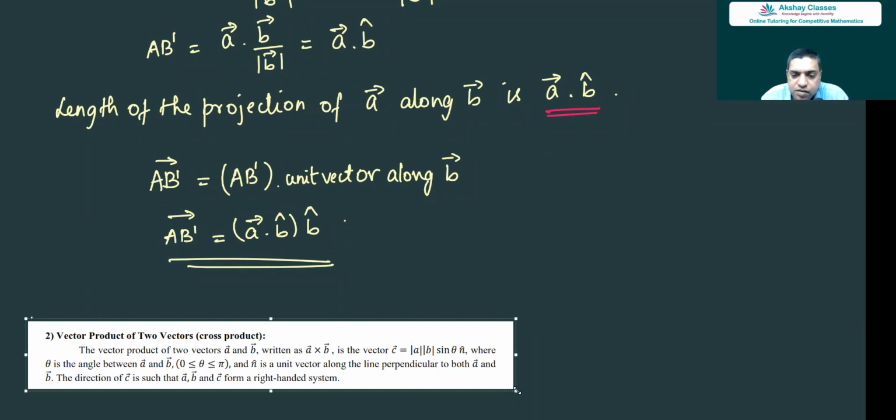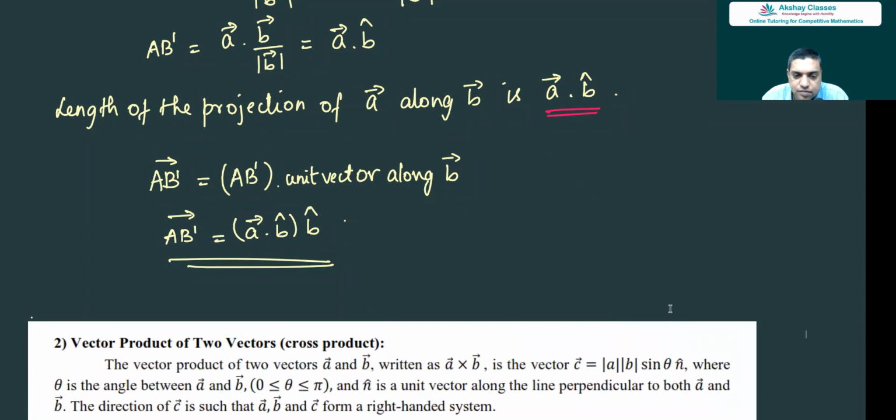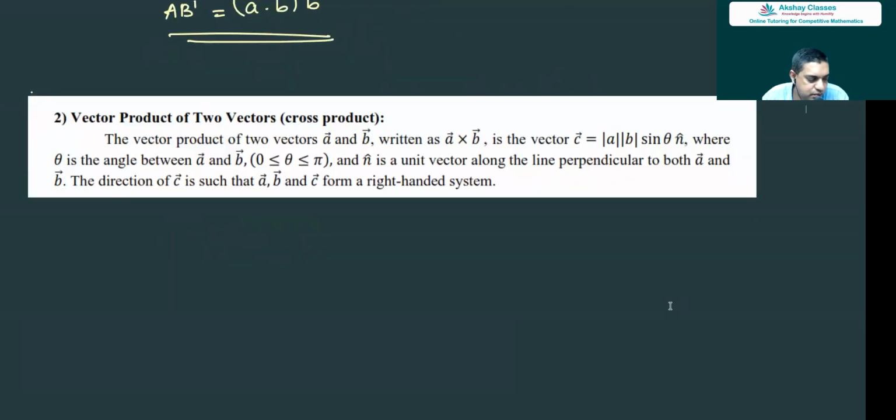The vector product of two vectors, we know, A cross B, is defined as a vector C, which is mod A mod B sine theta n cap. Now the cross product is defined like this.